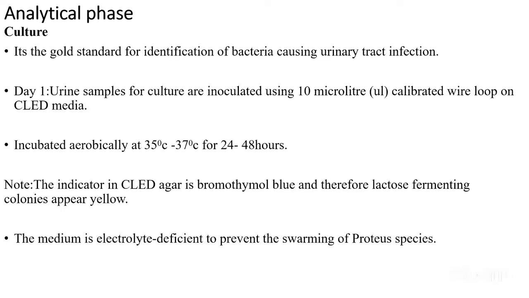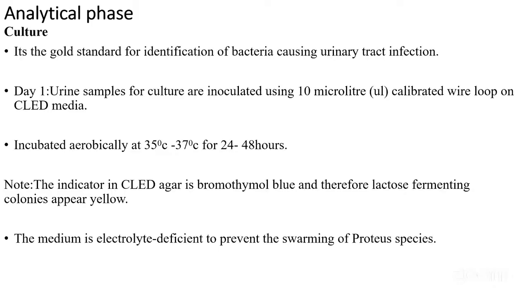So the next analytical phase is the culture, which is the gold standard in identification of bacteria causing urinary tract infection. And this one, you should do as aseptically as possible, so as not to introduce bacteria into the urine.